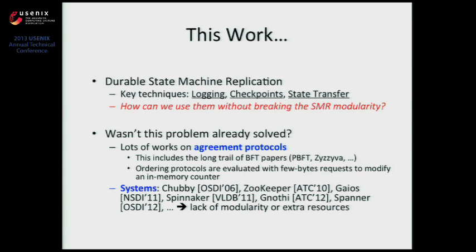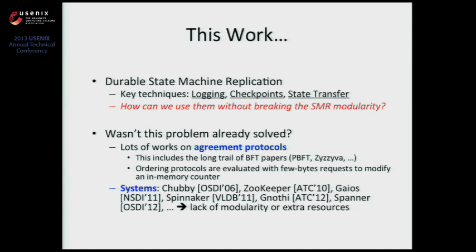We can include here, for example, the long line of papers on BFT replication, because BFT replication, at least in this systems community, is a kind of state machine replication tolerating Byzantine faults. But the problem is that these papers are worried about normal case execution. They are not interested in state transfer protocols, checkpoints, or using disks. They are only interested in the overhead of ordering requests, synchronizing replicas during normal operation.